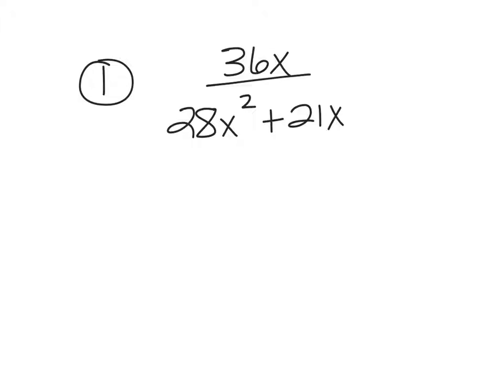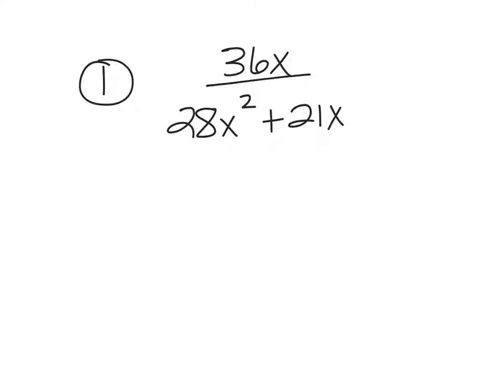What I'm going to do here is look, on the top, can I do anything to factor it? I have 36x. No, there's nothing I can do here to factor the top. On the bottom, I have 28x squared plus 21x. Is there any way for me to simplify the bottom or factor it?